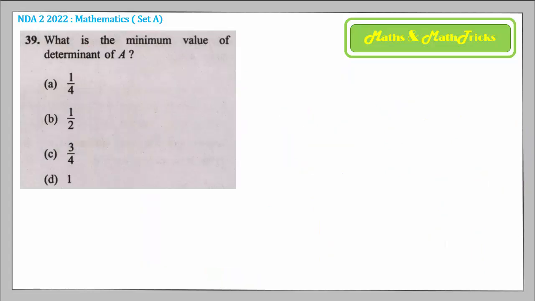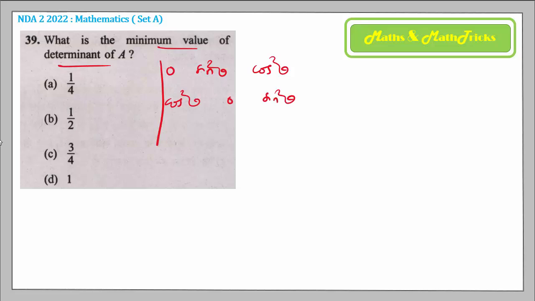Coming on to the next question, they ask what is the minimum value of the determinant of the matrix? So if you evaluate the determinant of the given matrix, which is 0, sine square theta, cos square theta, then cos square theta, 0, sine square theta, sine square theta, cos square theta and 0.